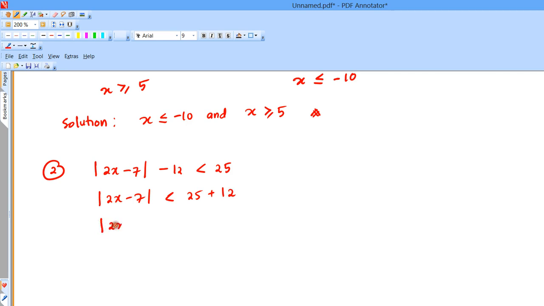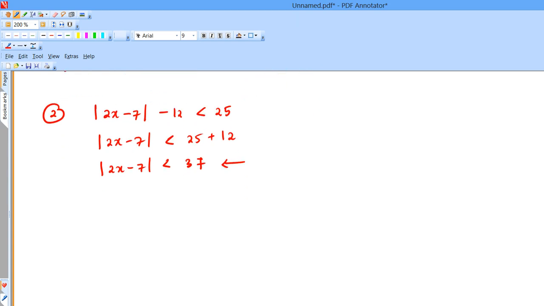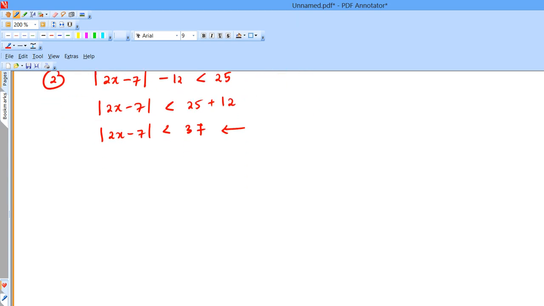We get |2x - 7| < 37, and from this we can write this absolute value inequality as, since we have a less than symbol, -37 < 2x - 7 < 37.